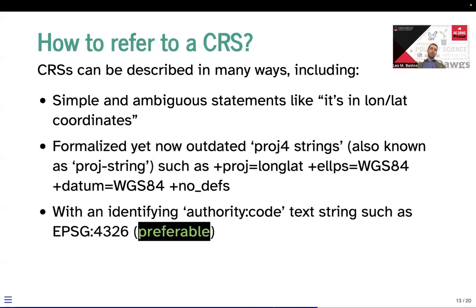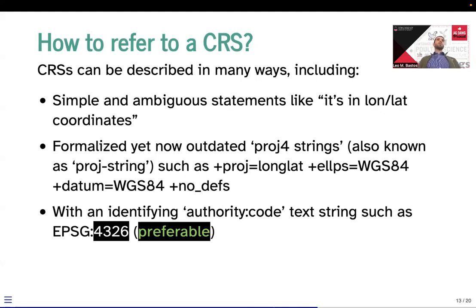The third option here is to use what I want to introduce to you as EPSG code. An EPSG code follows the syntax here where the authority is basically EPSG. That's the entity that standardized these CRSs, and then you give it the code. The code for WGS84, you're going to see this code a lot. So you don't have to memorize this from today.